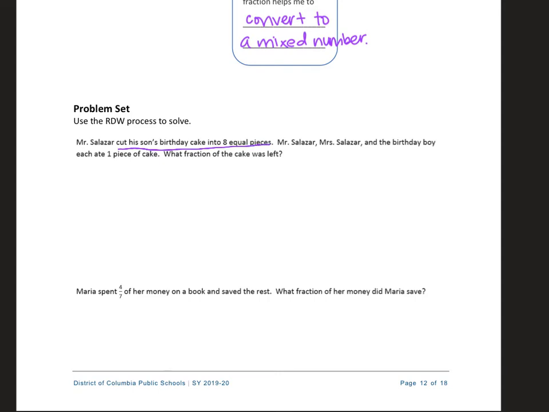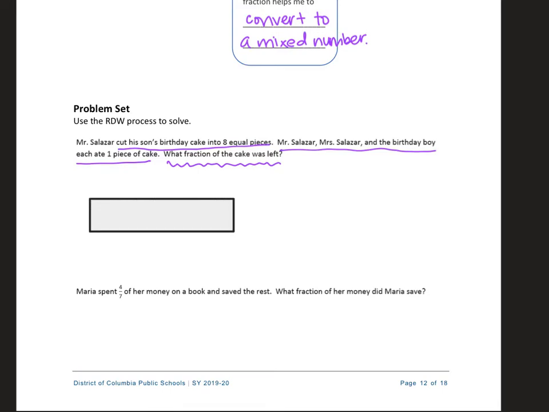Mr. Salazar, Mrs. Salazar, and the birthday boy each ate 1 piece of cake. So they each ate 1 piece of cake. What fraction of the cake was left? I've read the problem, underlined what I know and what I'm trying to find out. Now I'm going to draw my tape diagram.